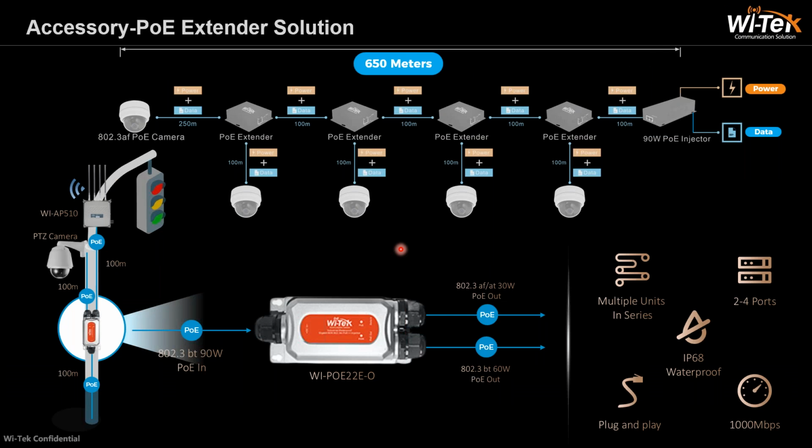Okay, for the PoE standard solution, if some of your projects face a long distance, the traditional Ethernet transmission distance is a maximum of 650 meters from the IP camera to the injector. For example, the PoE extenders support 90 watt BT PoE in and PoE out.